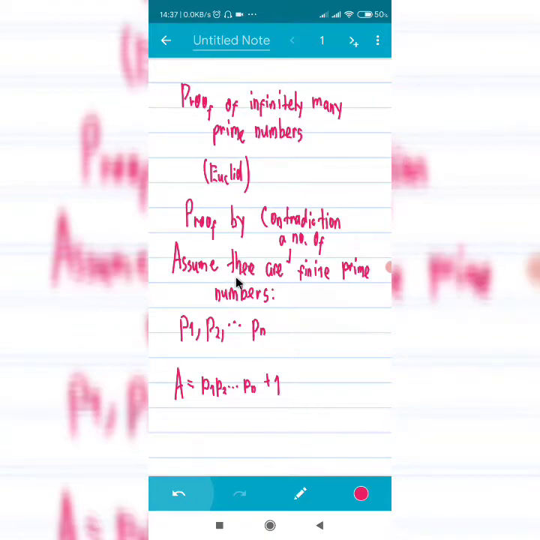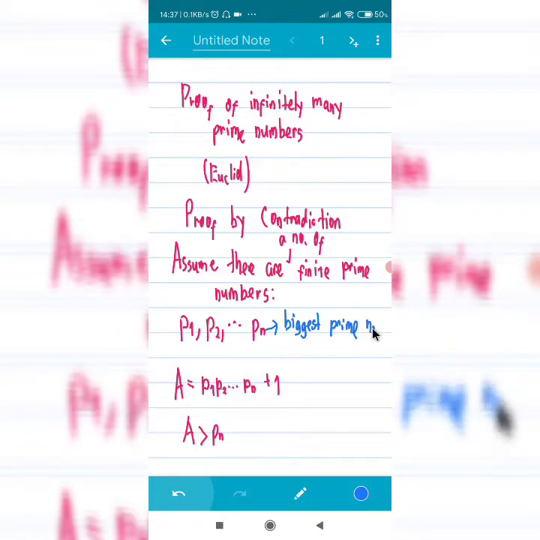Already you can notice that A is always greater than the biggest prime number, Pn. We took the product of all these, which is obviously bigger than Pn itself, and then we add a plus 1.